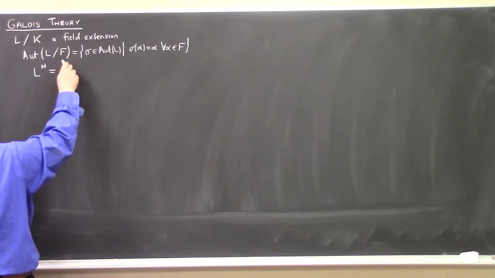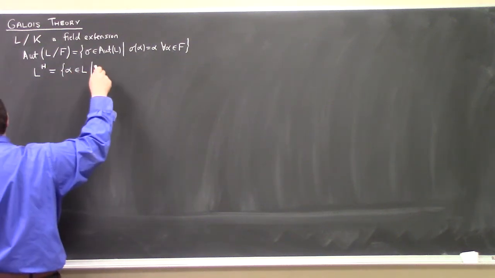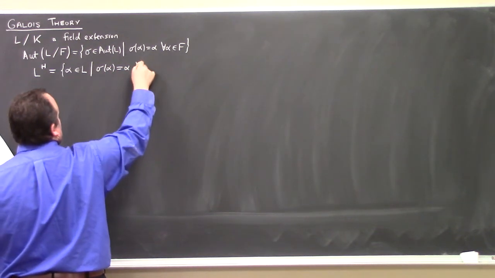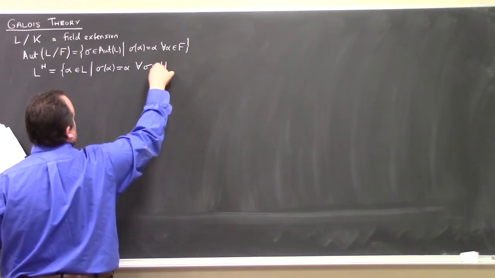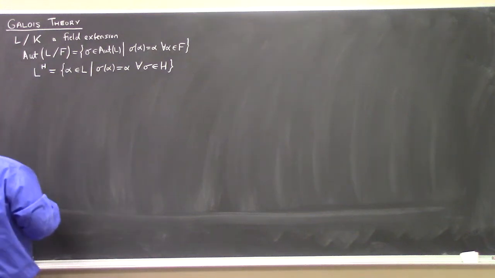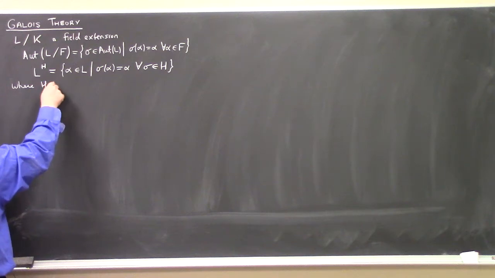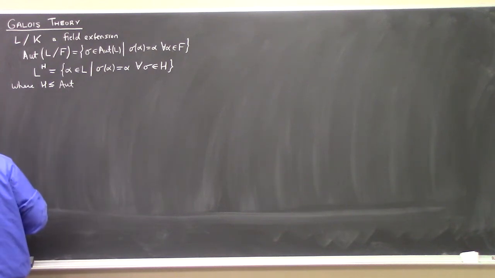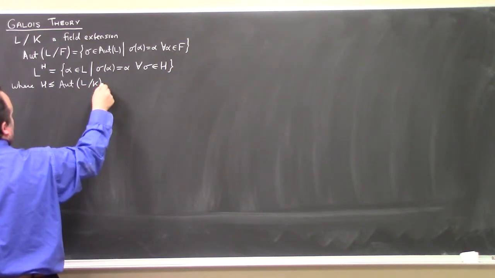This is alpha in L such that sigma of alpha equals alpha for all sigma in H. And here, H is a subgroup of the automorphisms of L which fix K. All right.